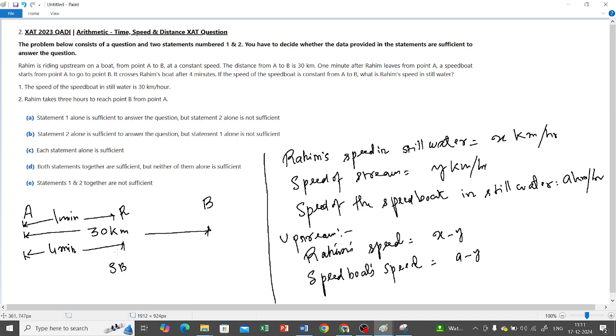That means the speedboat is traveling at a higher speed, but both of them have traveled the same distance, because the location in which Rahim is there, the speedboat is also in the same location. So both Rahim and the speedboat have traveled the same distance, but the times are different.